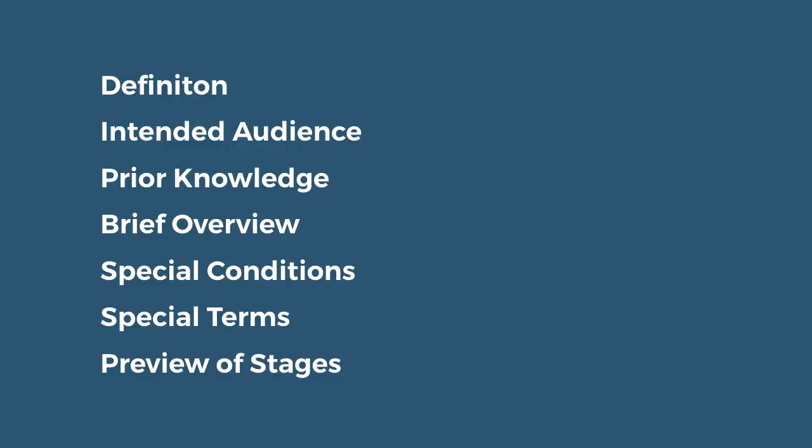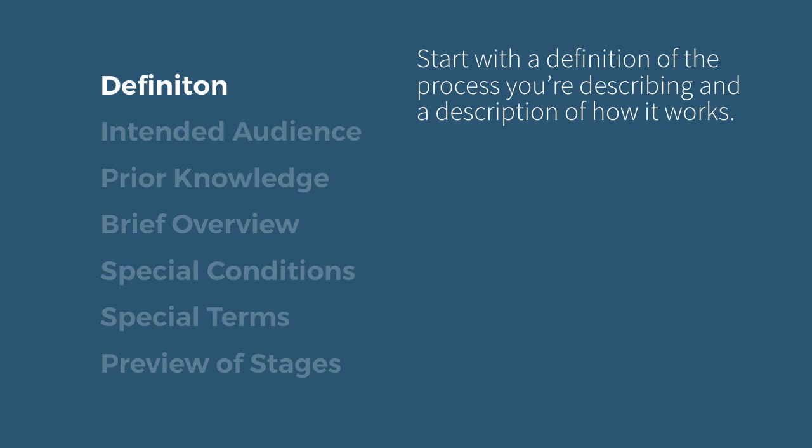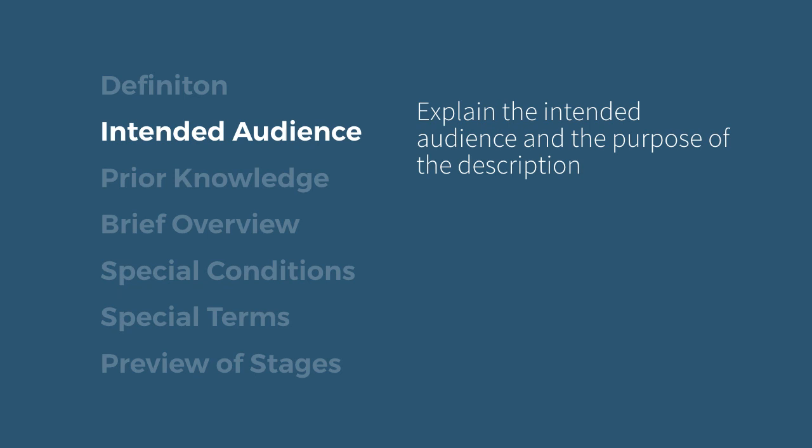So when you are writing the introduction of a process description, you will start with a definition. You will define the process that you are describing. And then you will give your intended audience. And just like in a product description, the intended audience here is the intended audience for your description.